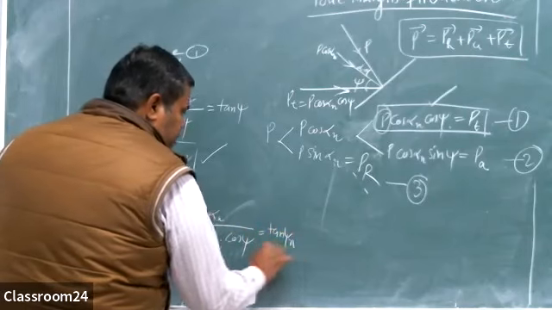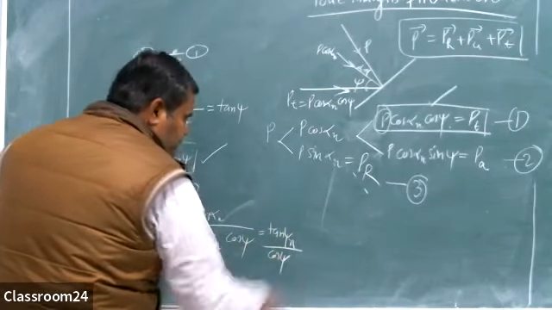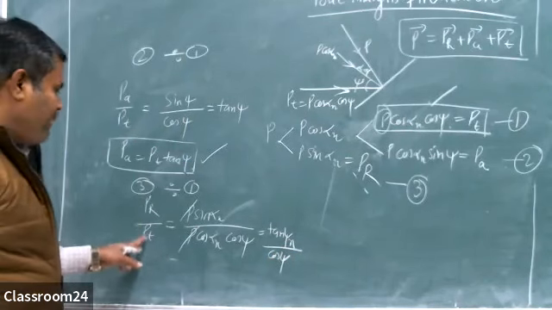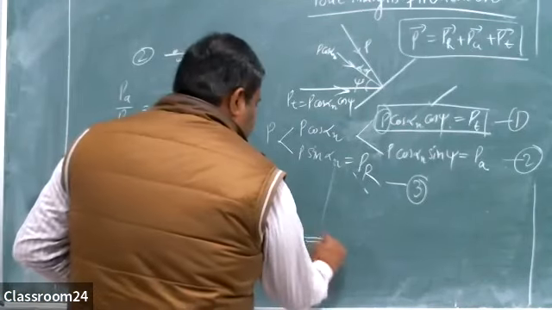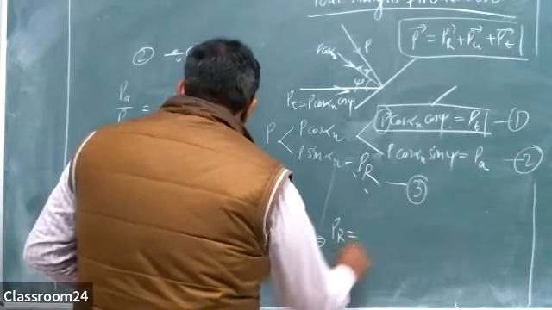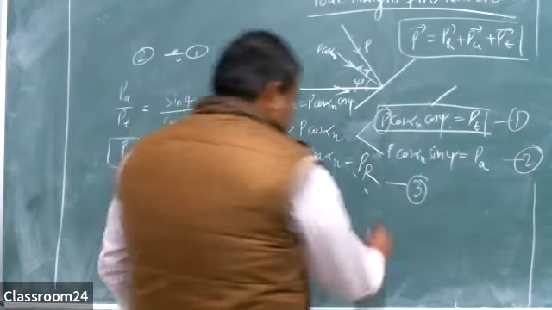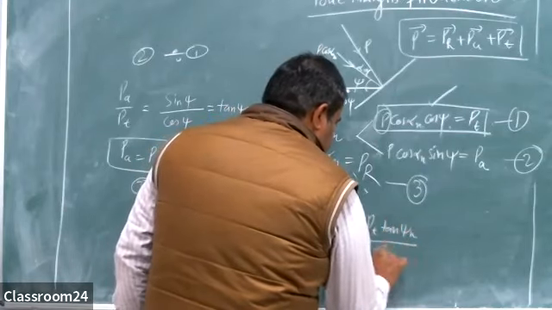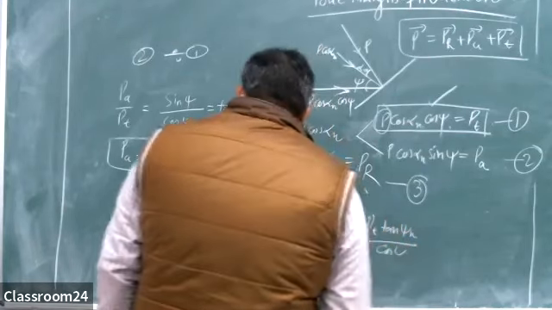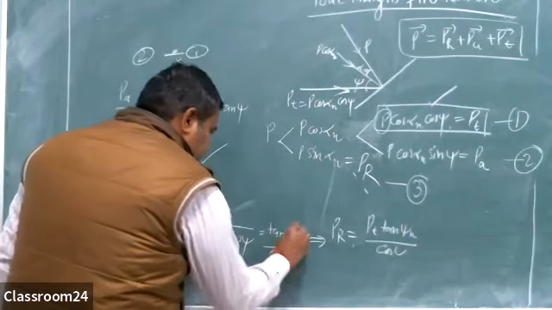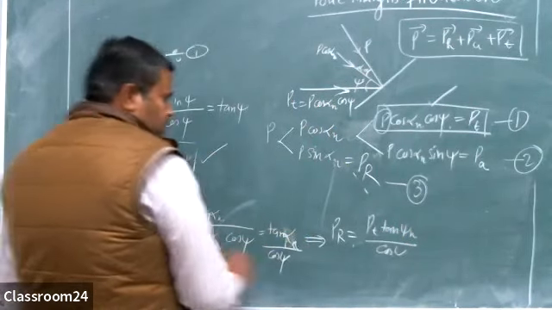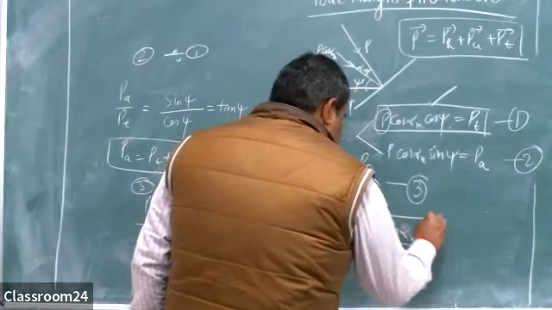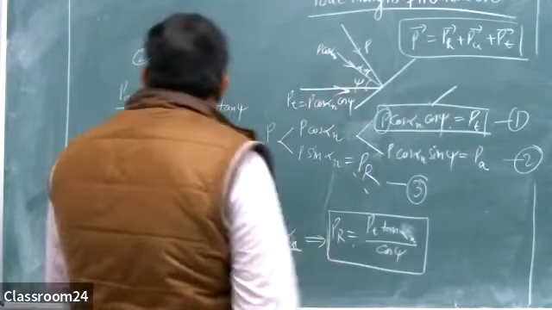So it is tan alpha n divided by cos psi. From here, PR equals PT times tan alpha n divided by cos psi. So this equation is also important.